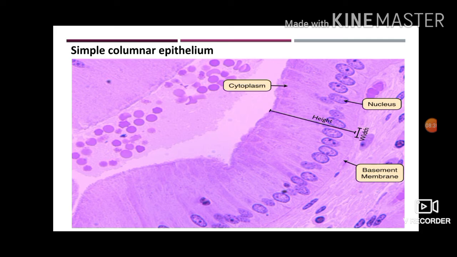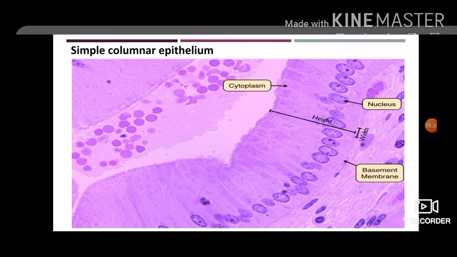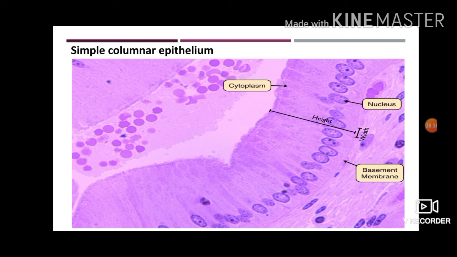This columnar epithelium also consists of a single layer of cells, but they are taller than they are wide, meaning they are pillar-like in structure. That is why they are called columnar epithelium.